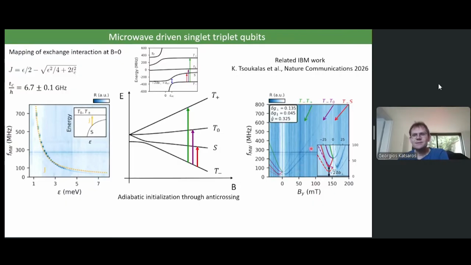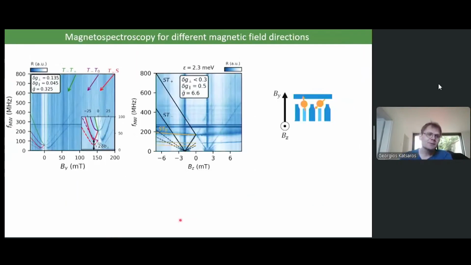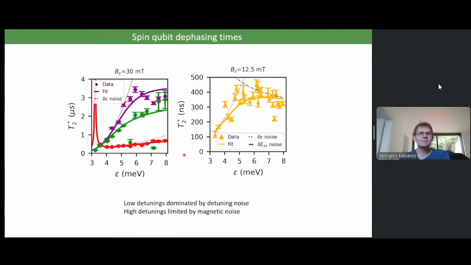And now, as we see in the spectroscopy with 3 lines, we can do the experiment not just in the in-plane magnetic field, but also in the out-of-plane magnetic field. The next step, of course, is to do qubit measurements and measure the dephasing times.